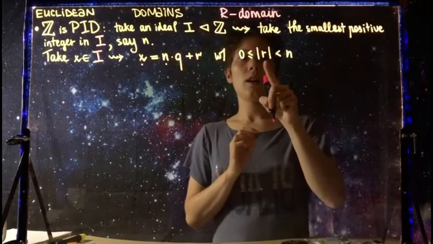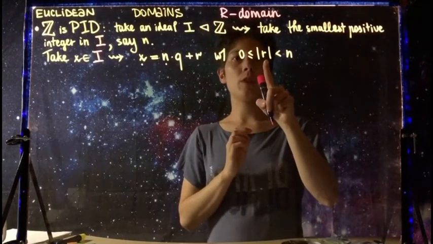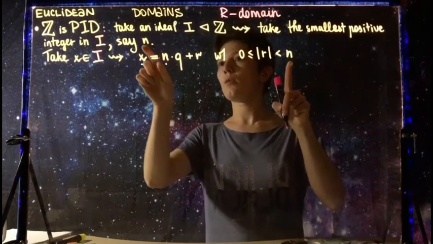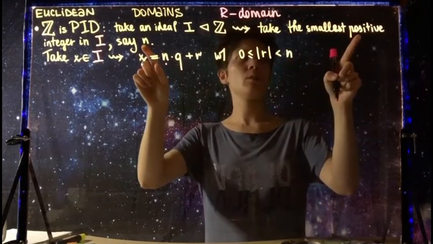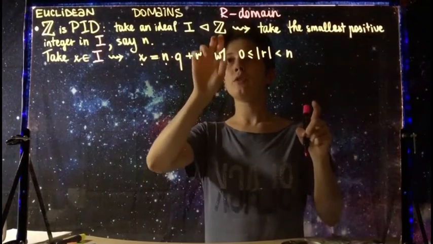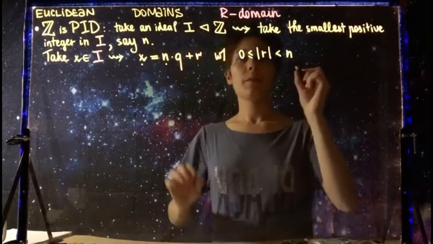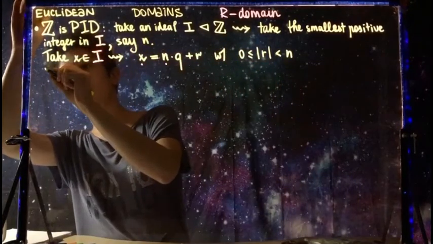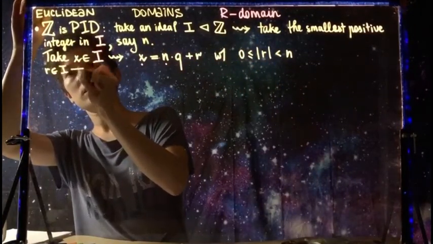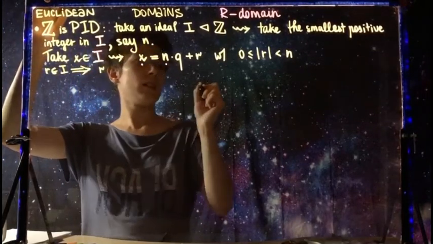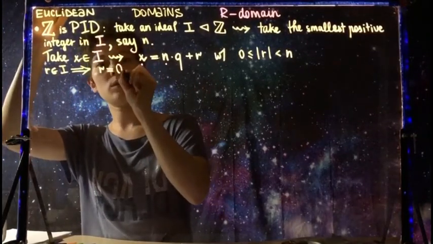But since the absolute value of r is smaller than the absolute value of n, which is the smallest possible absolute value of an element in I, it means that r must be equal to 0.